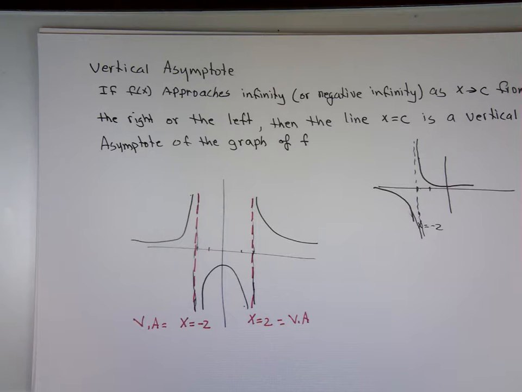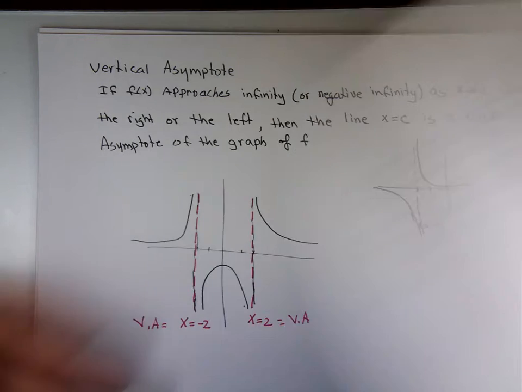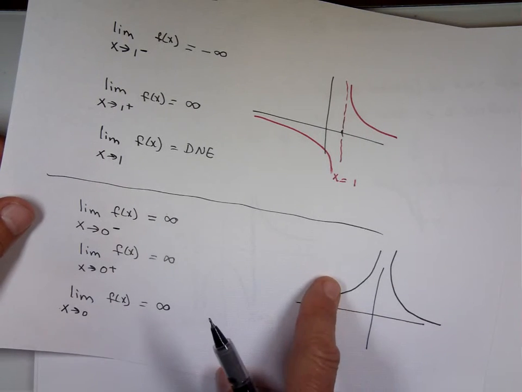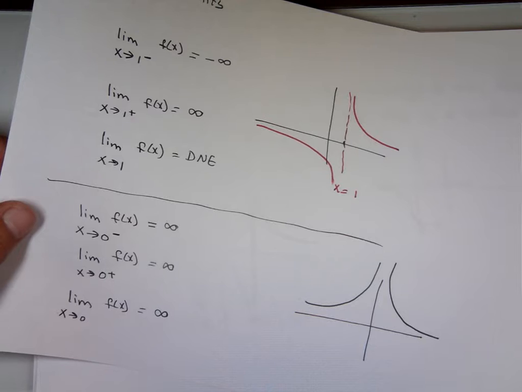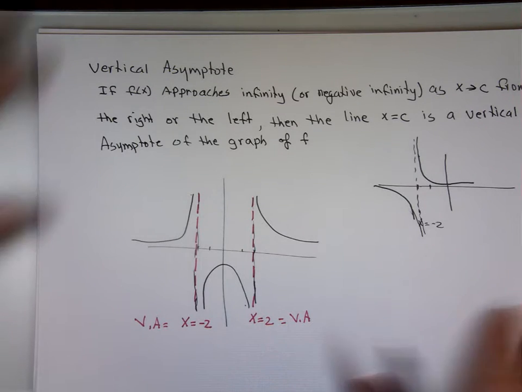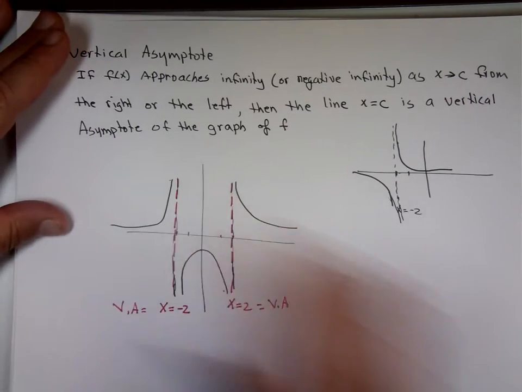But if I don't have the picture with me, how would I find them? Just like, what's the limit as x approaches a value? Is it infinity or negative infinity? If I don't have the picture, how would I find that answer? So let's look at some of these. Let's stay with the vertical asymptote, try to finish it, get it out of the way.